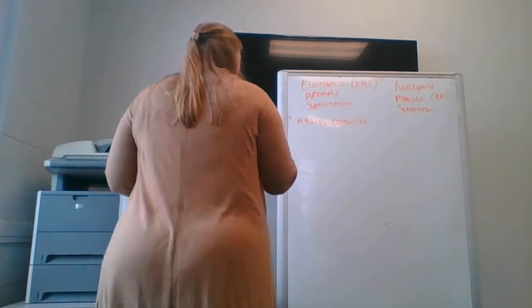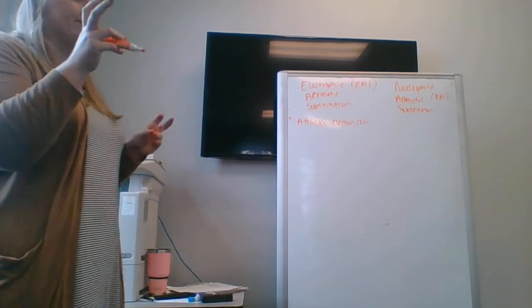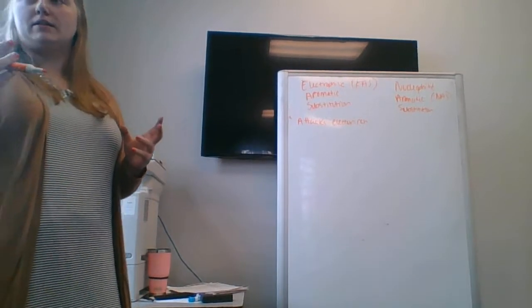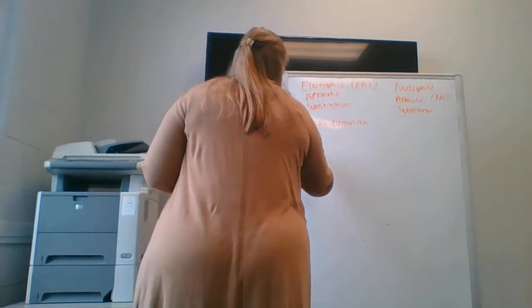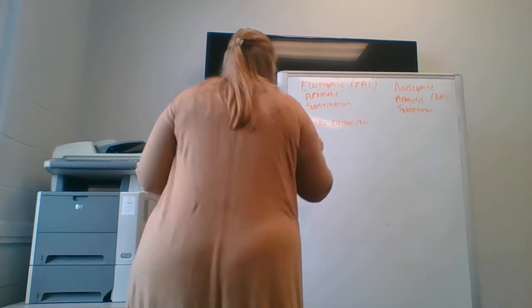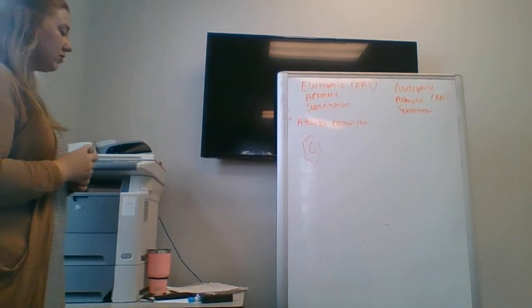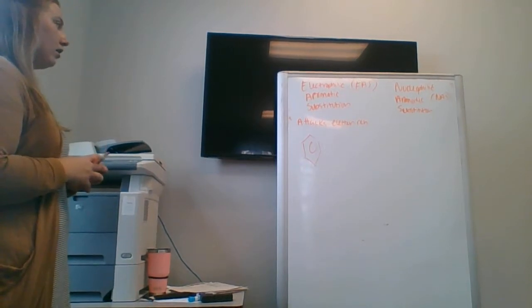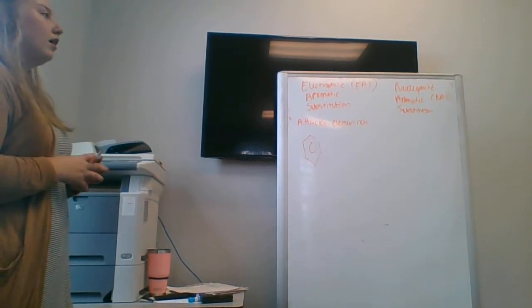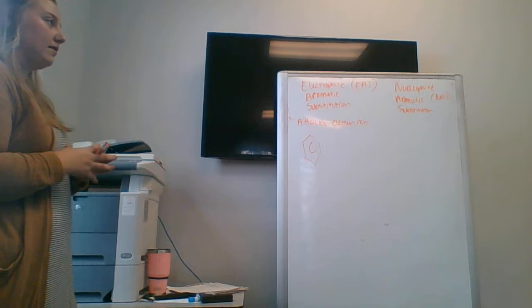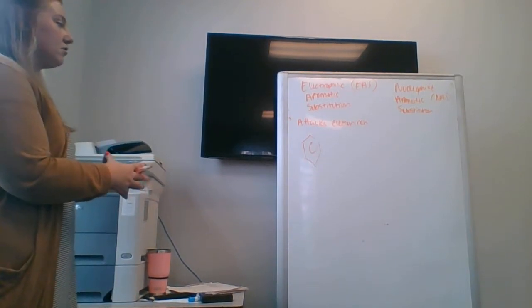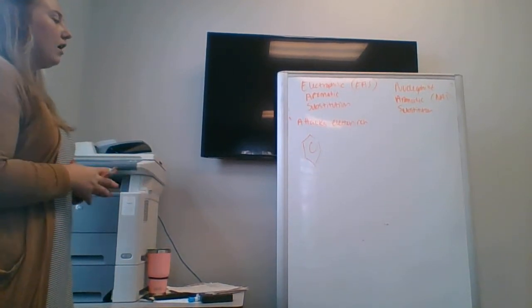But when we think of an electron-rich ring, your first thought should be benzene. So benzene and benzene derivatives, actually any of your benzene derivatives are going to undergo electrophilic aromatic substitution.